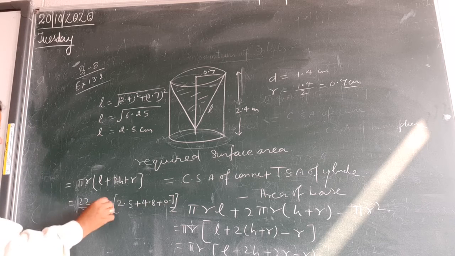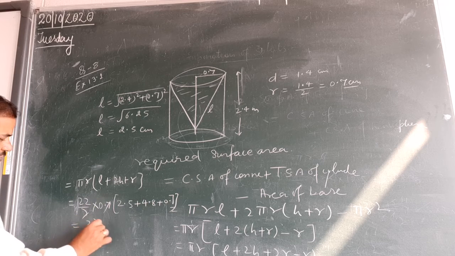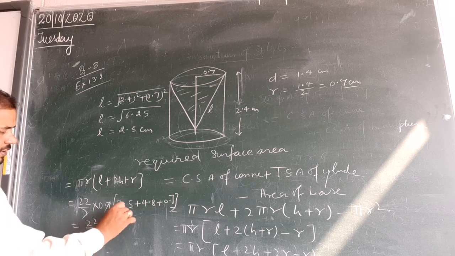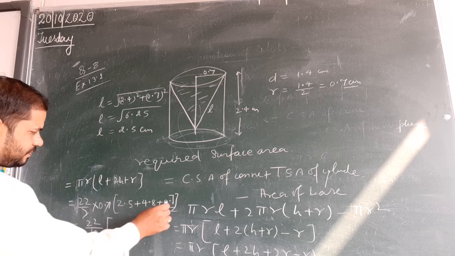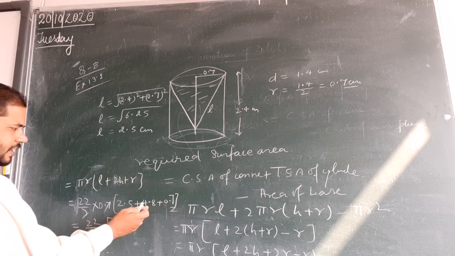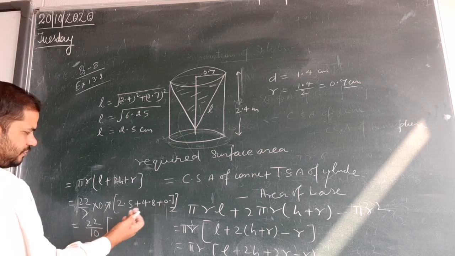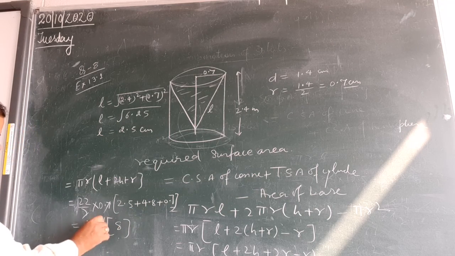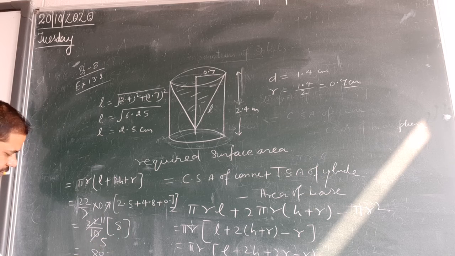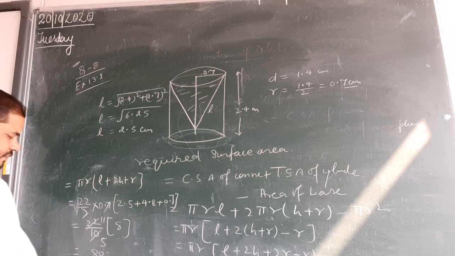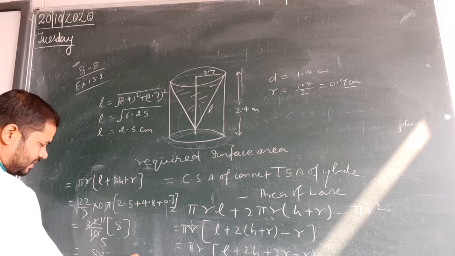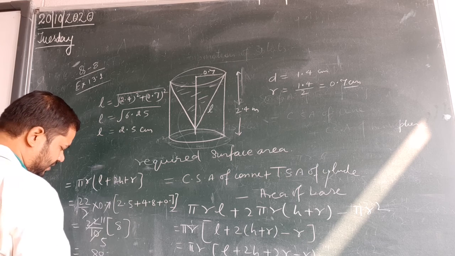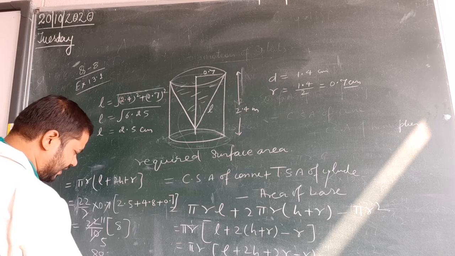This is cancelled out. 22/10, this 2.5 and 4.8 will make 5.5, 2.5 plus 4.8 plus 0.7 is 8. 11 5, 88/5, so this is 73.6 centimeters square maybe.